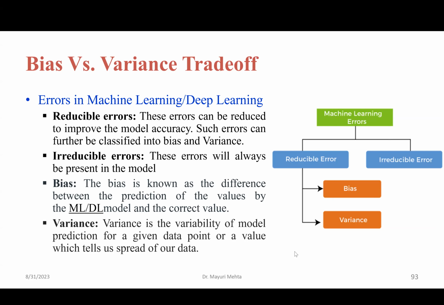While training, the model learns these patterns in the data and applies them to test data for prediction. Now, while making predictions, a difference occurs between the prediction value made by the model and the actual value in the data set. This difference is known as the bias error, or error due to bias.